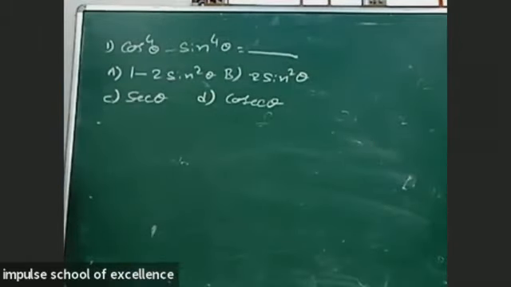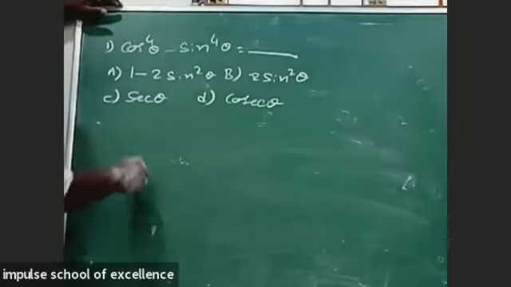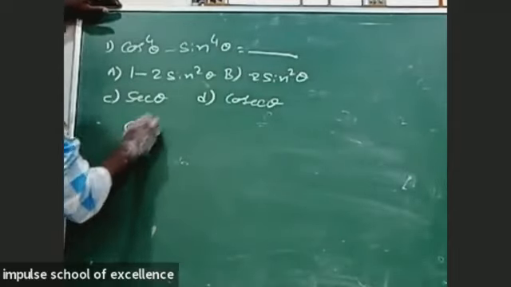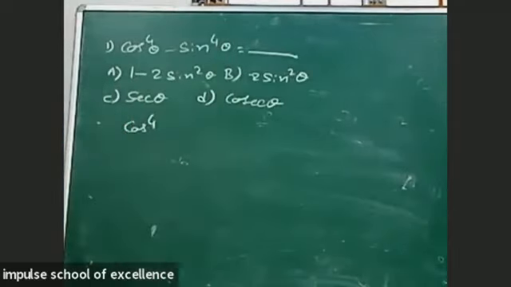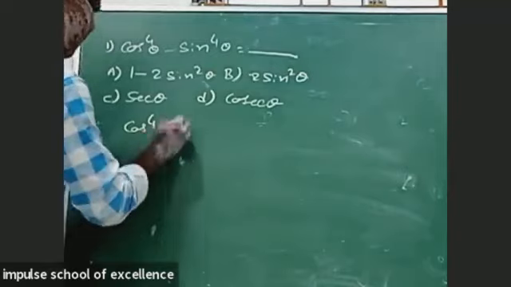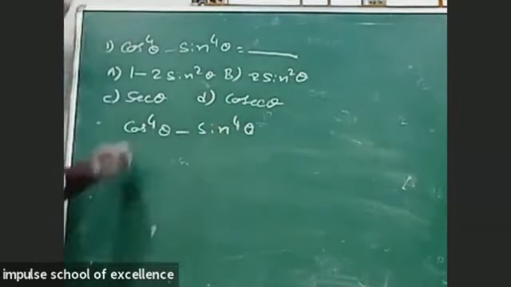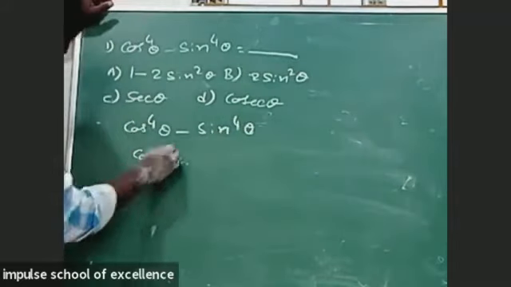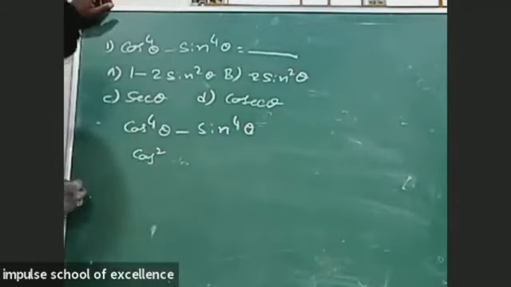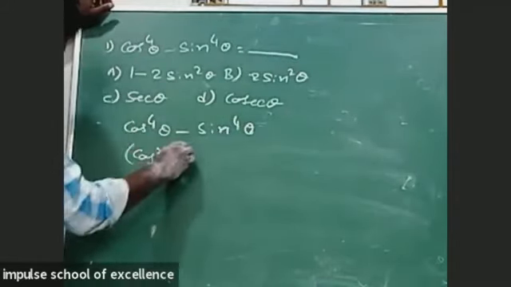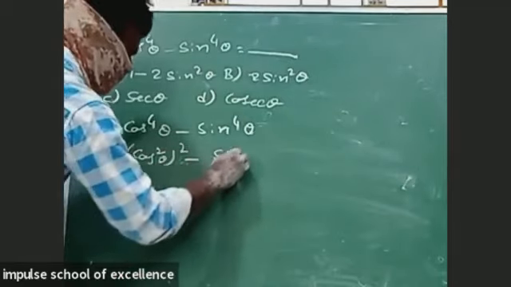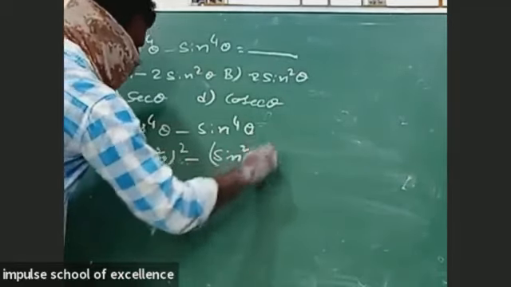So the first problem we can solve like cos power 4 theta minus sin power 4 theta, right? So we can write it as cos square theta whole square minus sin square theta whole square.